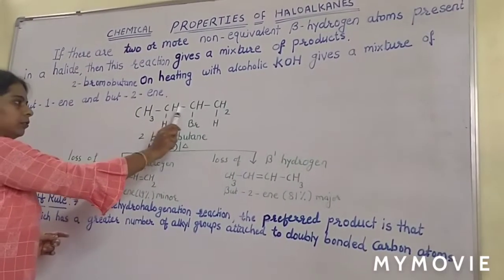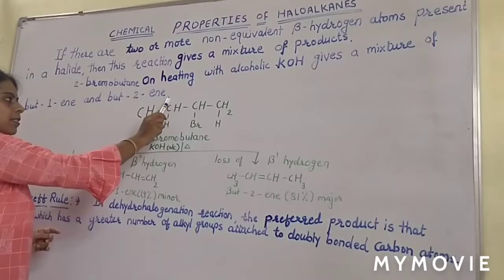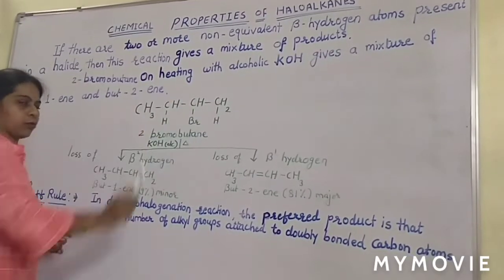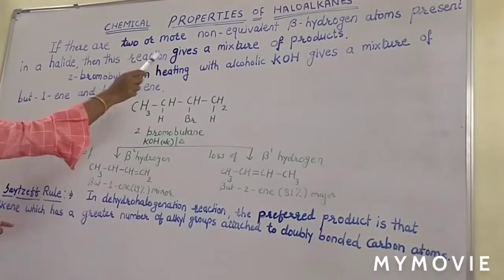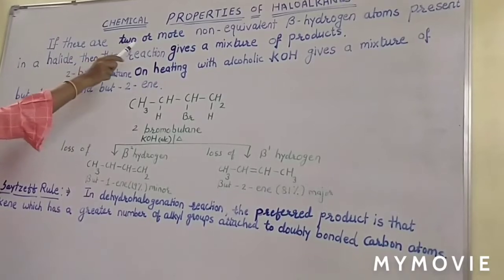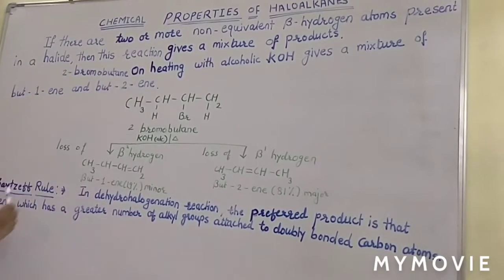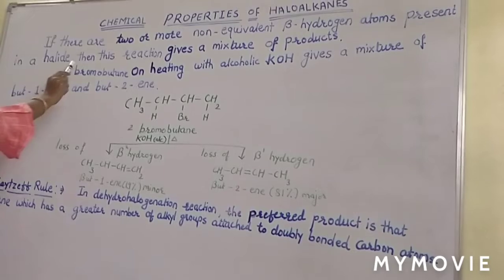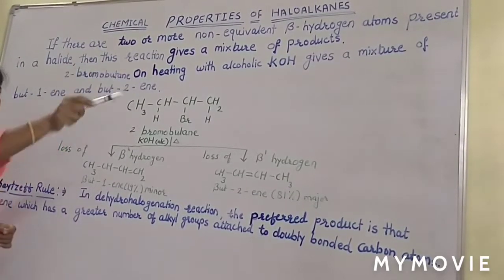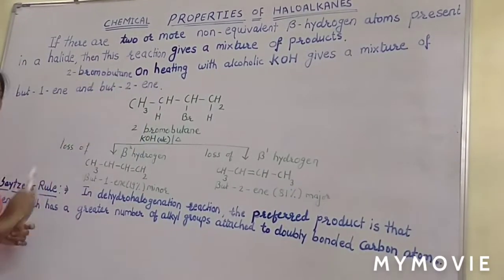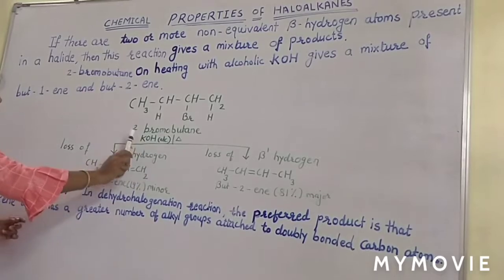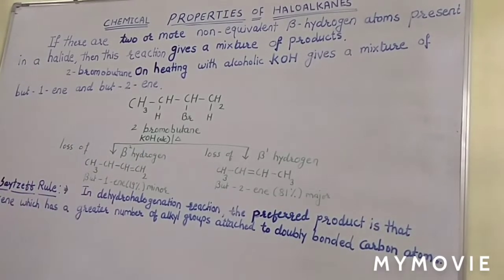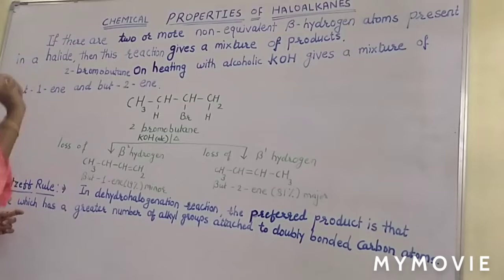For our convenience we will label this as beta 1 and this as beta 2. Again, if there are two or more non-equivalent hydrogen atoms in an alkyl halide, the reaction gives a mixture of products when that haloalkane is boiled with alcoholic solution of KOH.